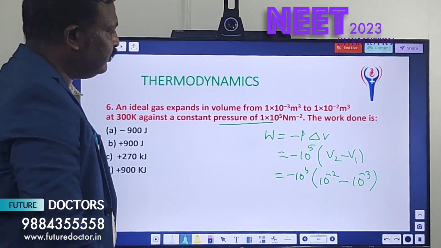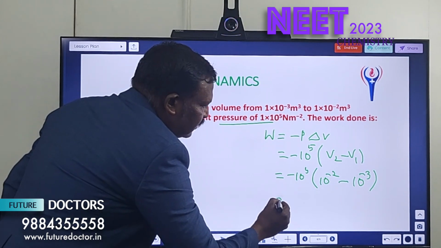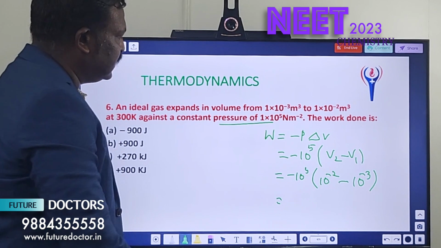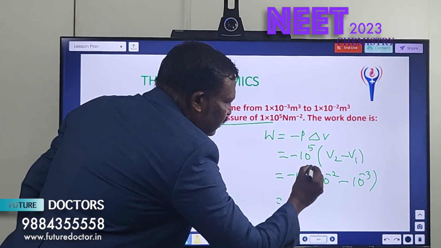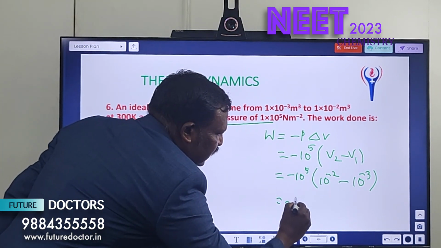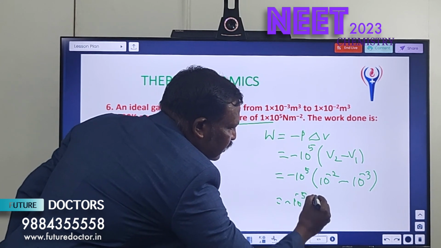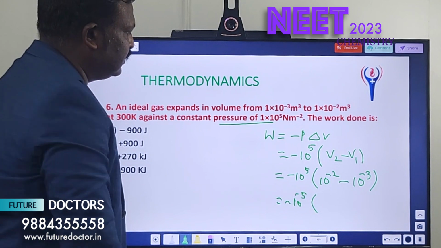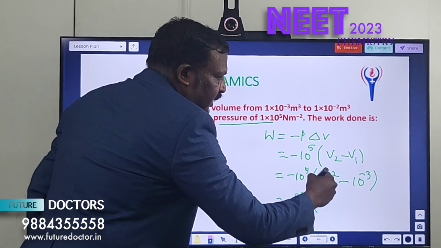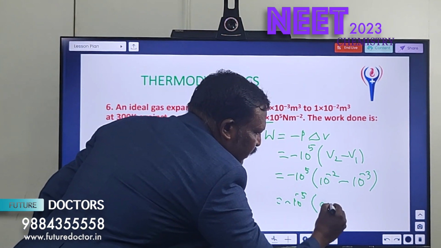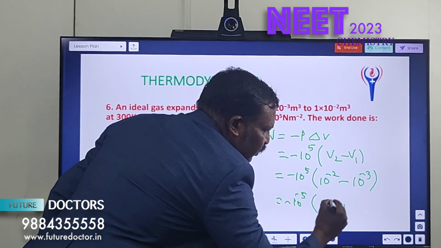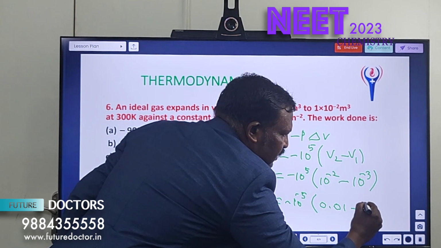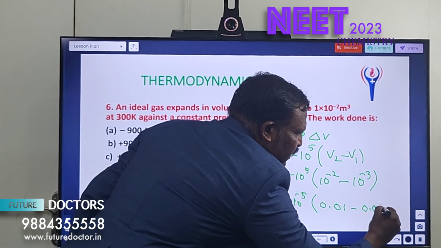Then how to simplify? If we simplify, we get the answer. You keep 10 power minus 5 as it is. This is 1 by 100, which is 0.01. This is 1 by 1000, so I considered 0.001.